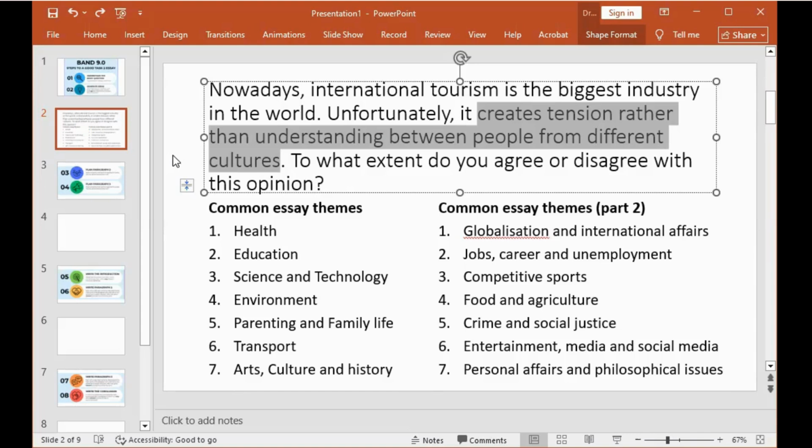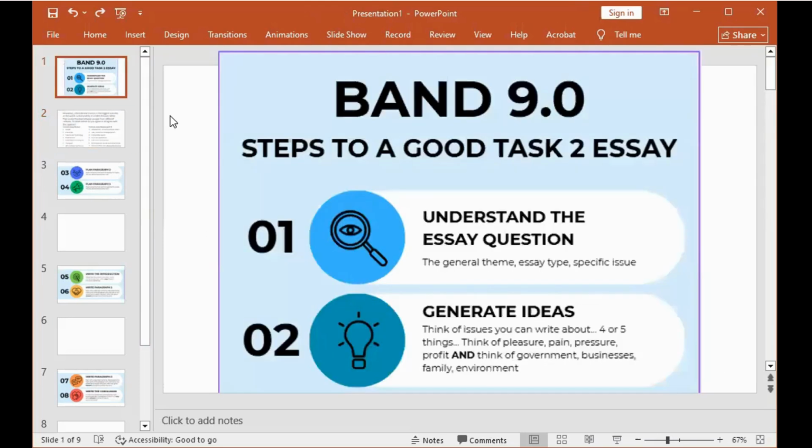Why are you saying it creates tension? What are the things that you have observed, or heard, that make you say that? If you say it doesn't create tension, then you need to tell us what you have observed that makes you think it is not creating tension anywhere. So you need to know the specific issue to address and make sure your essay focuses on that.